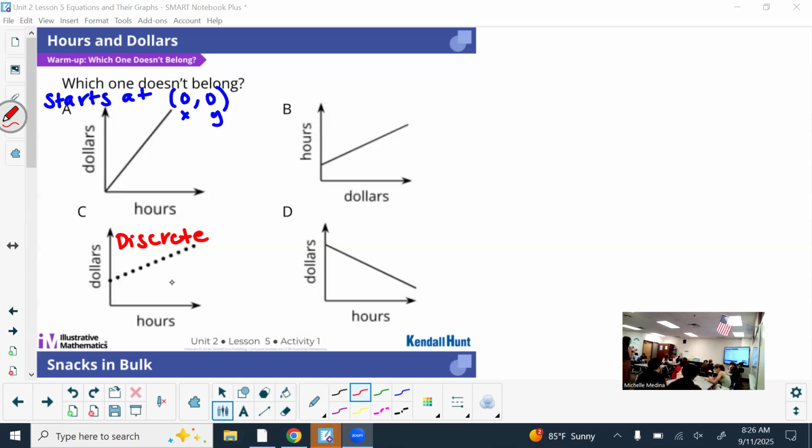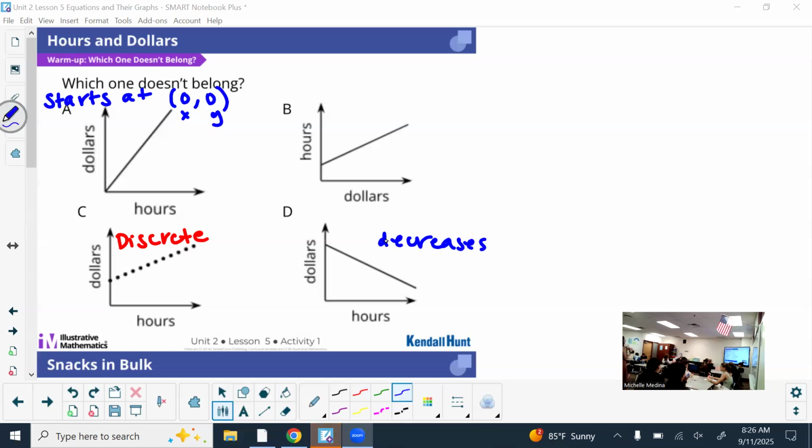And Brianna, why did you choose D is not belonging? Okay, it is the only one that decreases. And it has a specific name in math for that type of graph. Well, they're all linear, actually. They all would create straight lines.